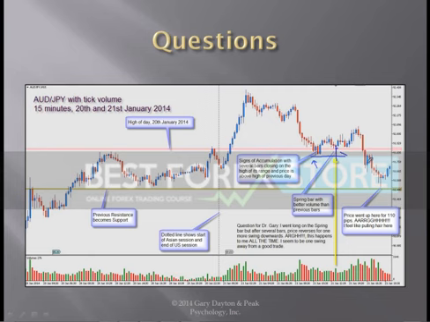Okay, so that's a spring, and this isn't a spring. So that's one thing. The other thing is that when I look at this, what I see here is probable climactic action, and we just go sideways and we start coming down. We've got ease of movement down. I don't see strength coming in. It's not really a spring.